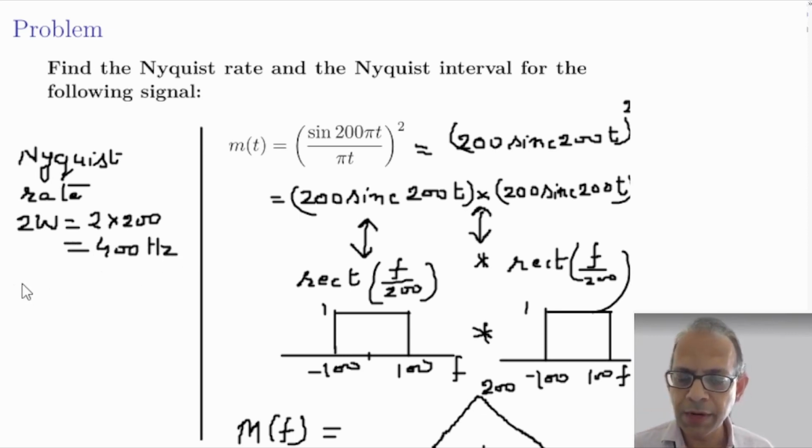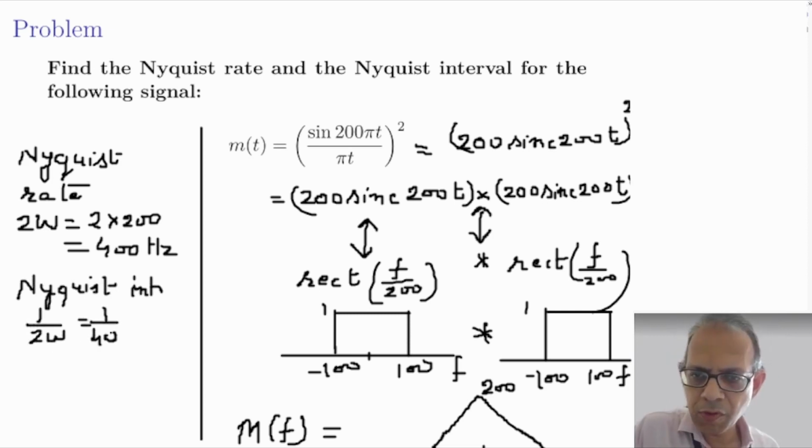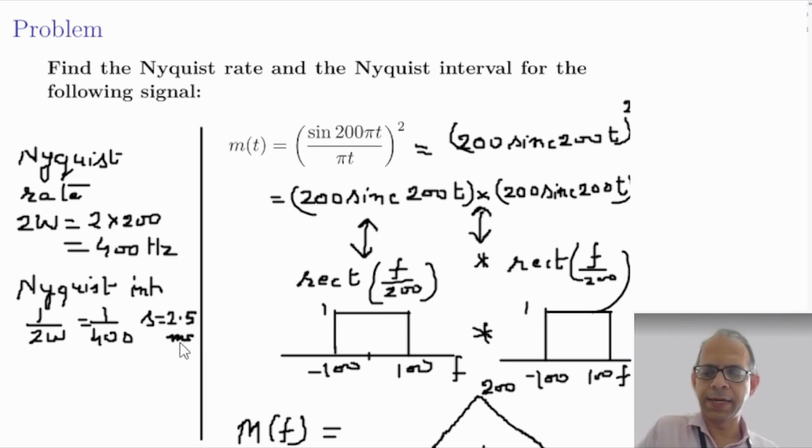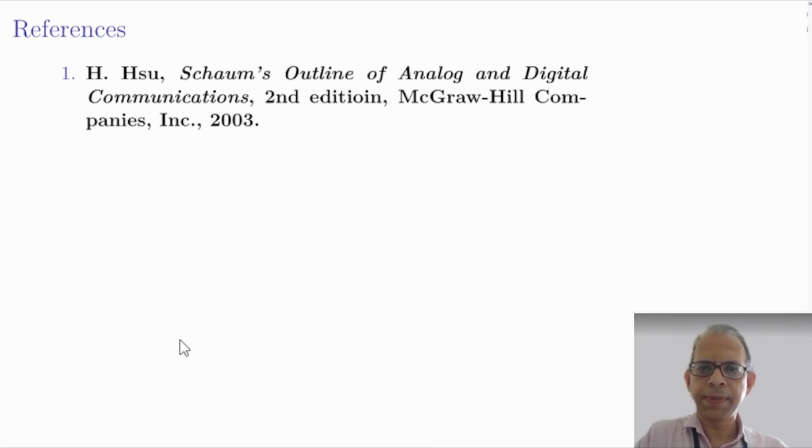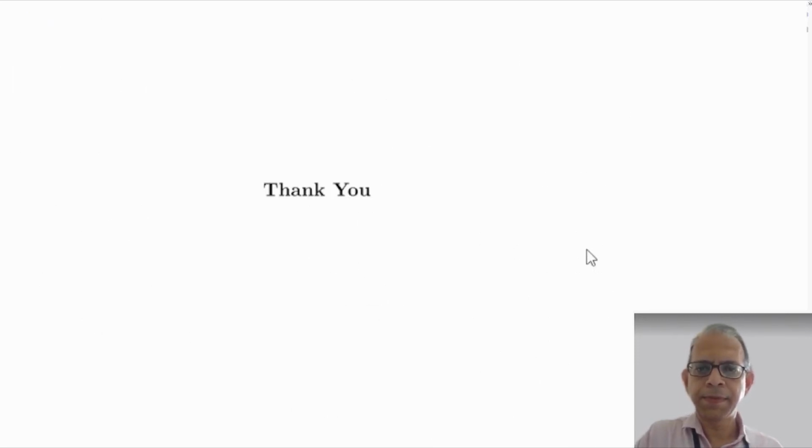And the Nyquist interval is 1 by 2W, which is 1 by 400 seconds, which is equal to 2.5 milliseconds. So I hope these problems are clear. Thank you.